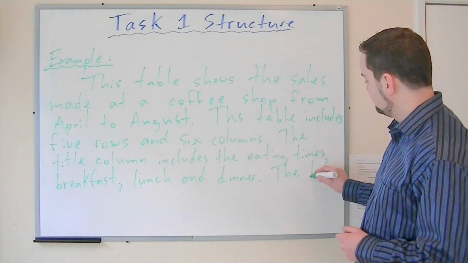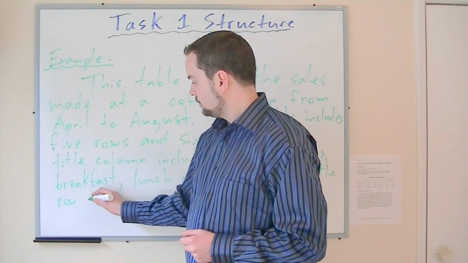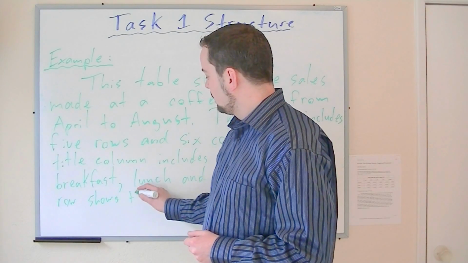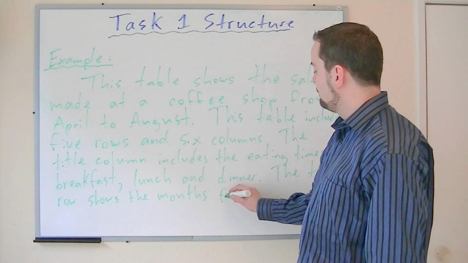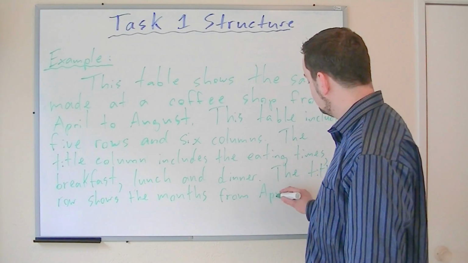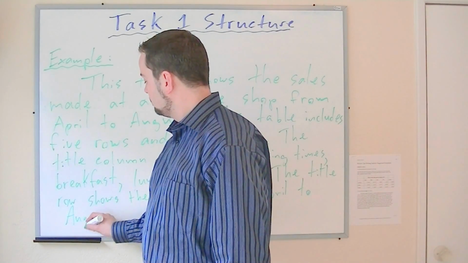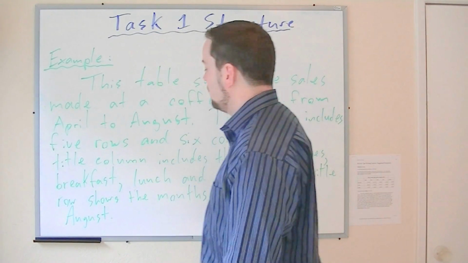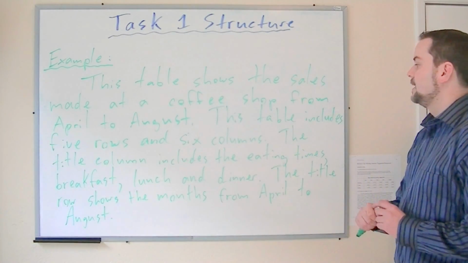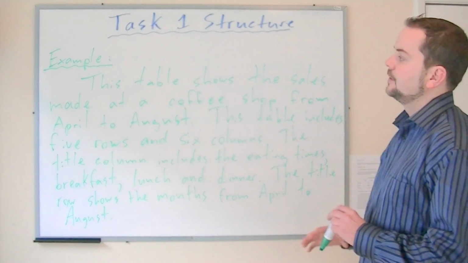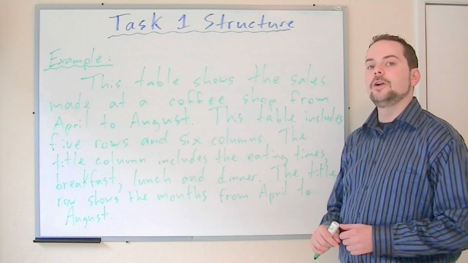The title row shows the months from April to August. The title row and the title column are the first column and the first row here, so pay attention to that. And this is the introduction for this question, or the description, the first part of the paragraph.